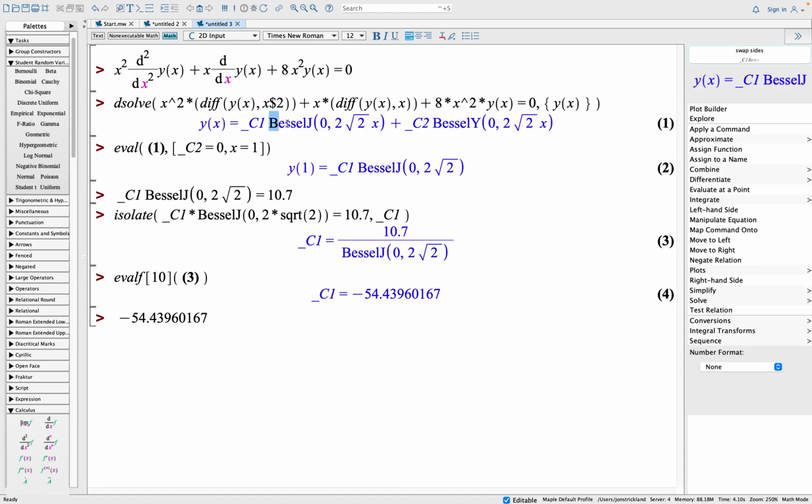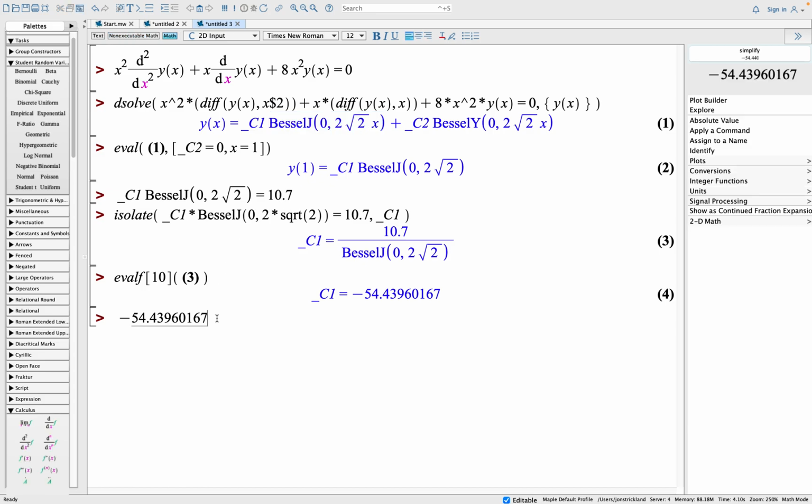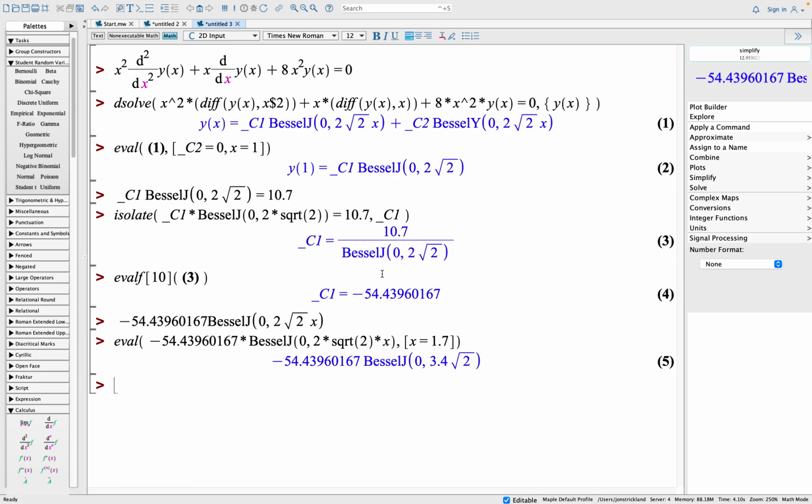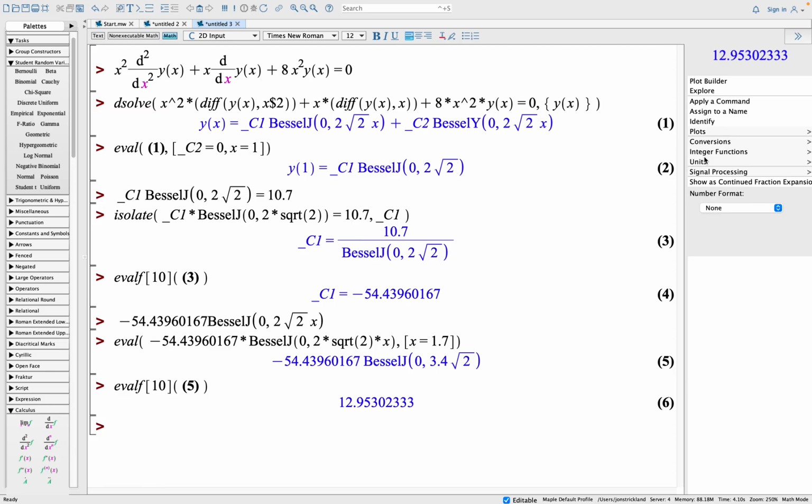and I'm multiplying by the BESSEL of the first kind, so taking what I have in the general solution, and if I look at evaluating at a particular point, and this time I'm looking at x at 1.7, and if I take what I have here and approximate, that's going to be 12.953.